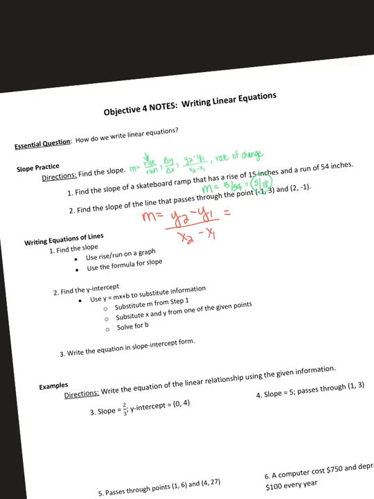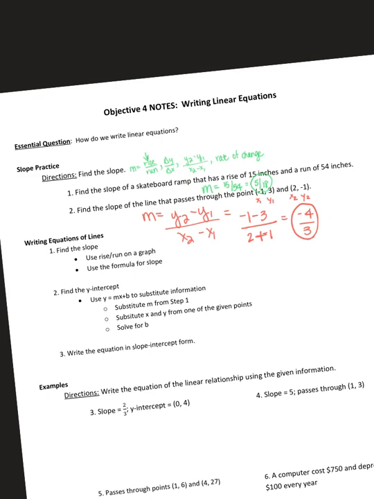We'll call the first point x sub 1, y sub 1, and the second point x sub 2, y sub 2. So we do -1 minus 3 over 2 minus -1, and that's equal to -4 over 3. So our slope here is -4/3. A couple of examples about finding slope and reminding ourselves what slope is.